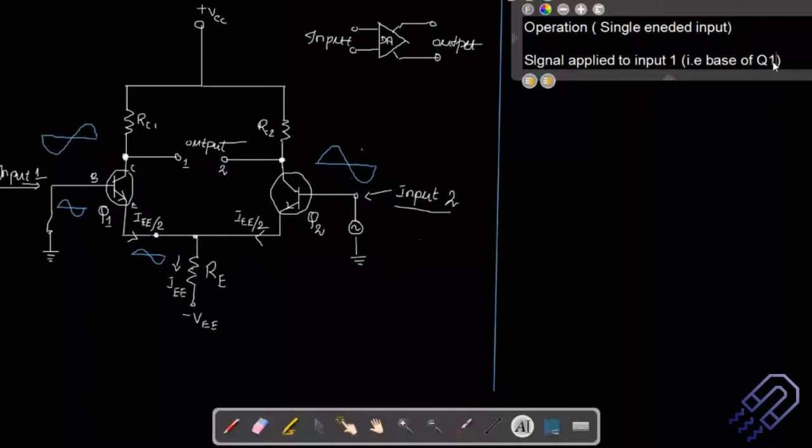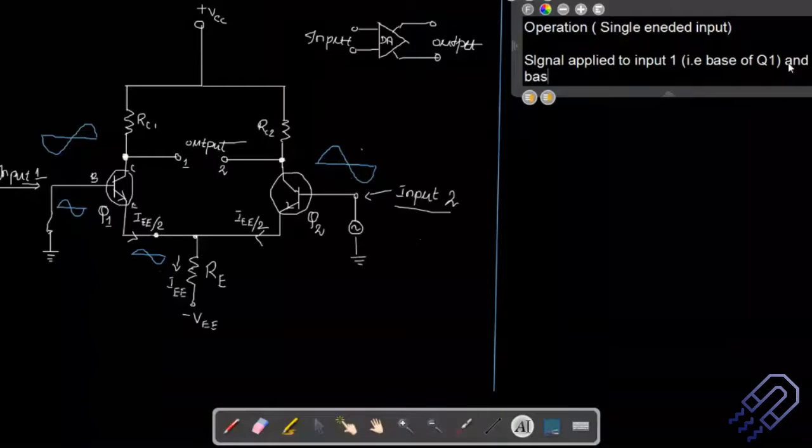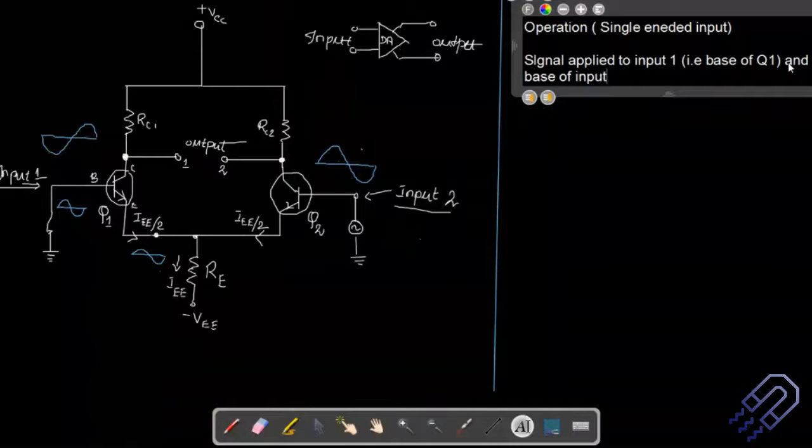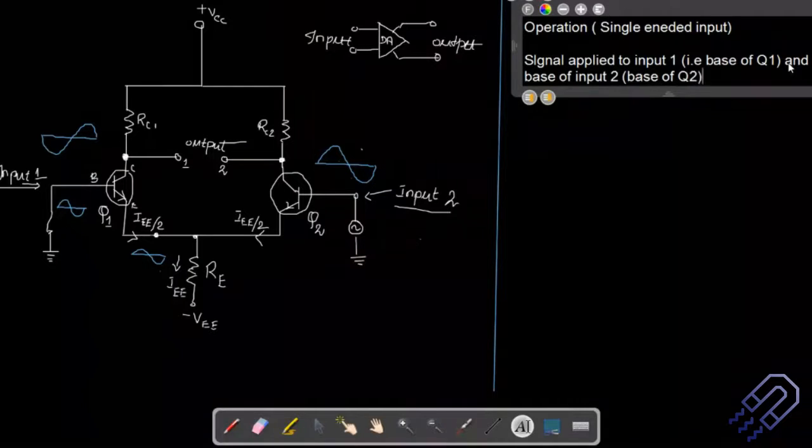So we are applying a signal to input 1, that is the base of Q1, and input 2, that is the base of Q2, is grounded.